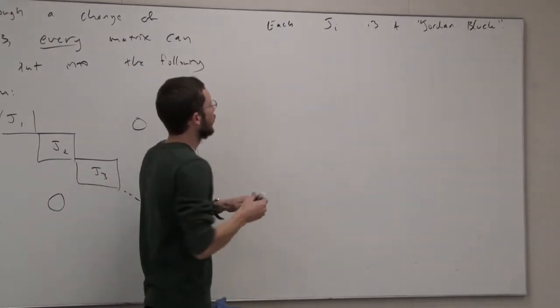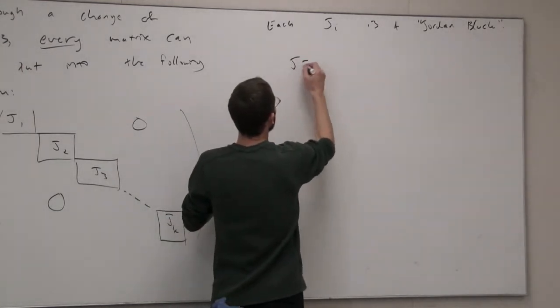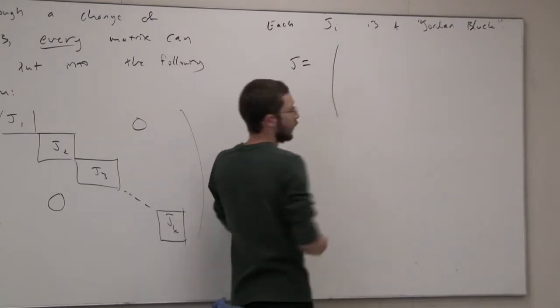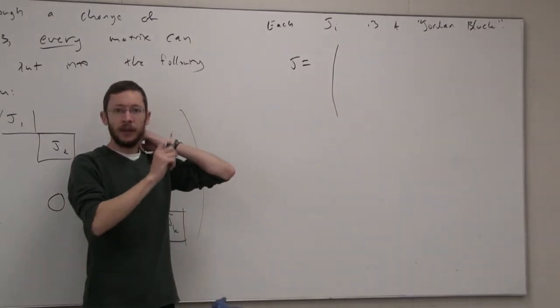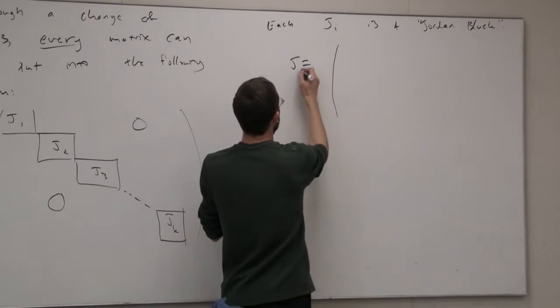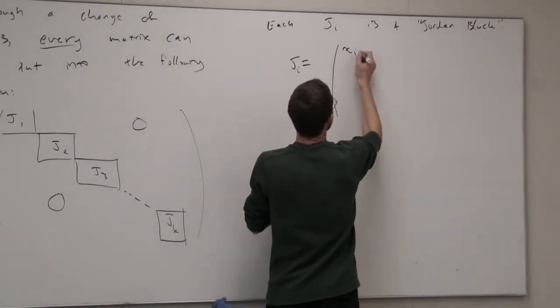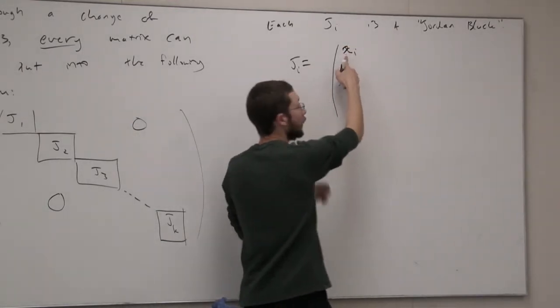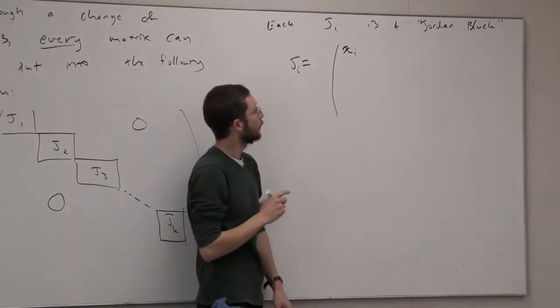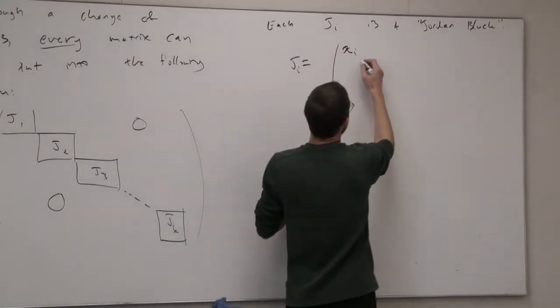The structure of a Jordan block is you're going to have some eigenvalue, lambda, so we'll call this Ji. Lambda i is going to be an eigenvalue for your matrix, for your transformation, and that's going to be running down the diagonal.